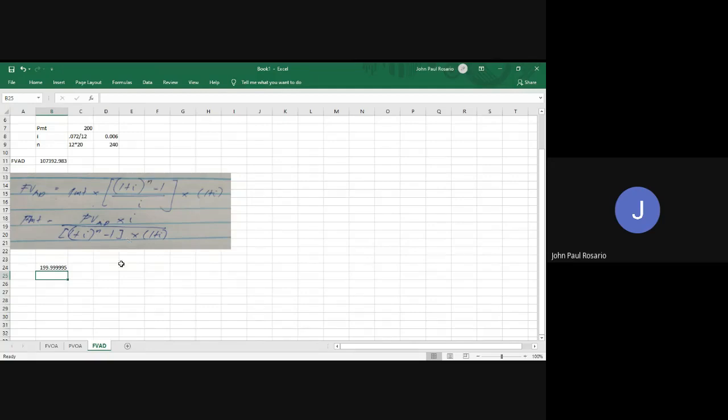Nabay kabalo sa pagkuha sa formula for n?